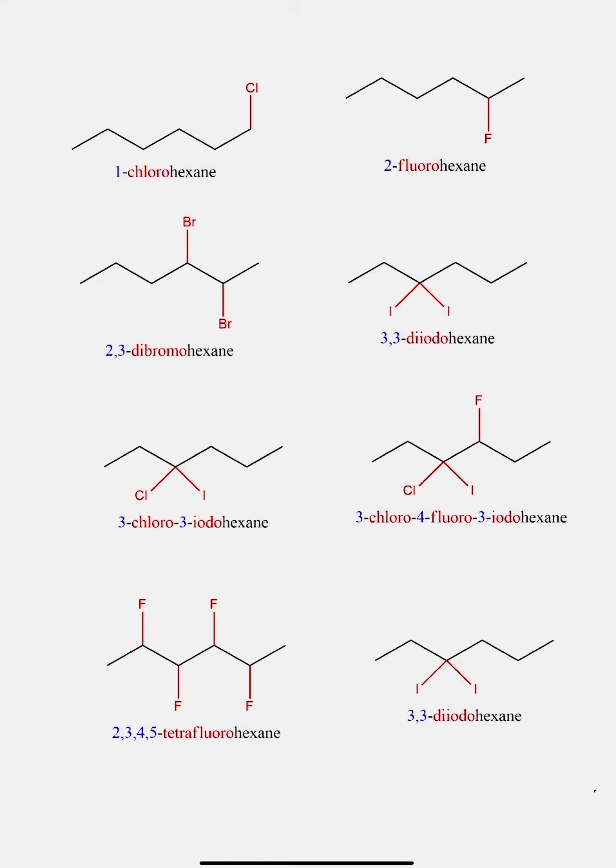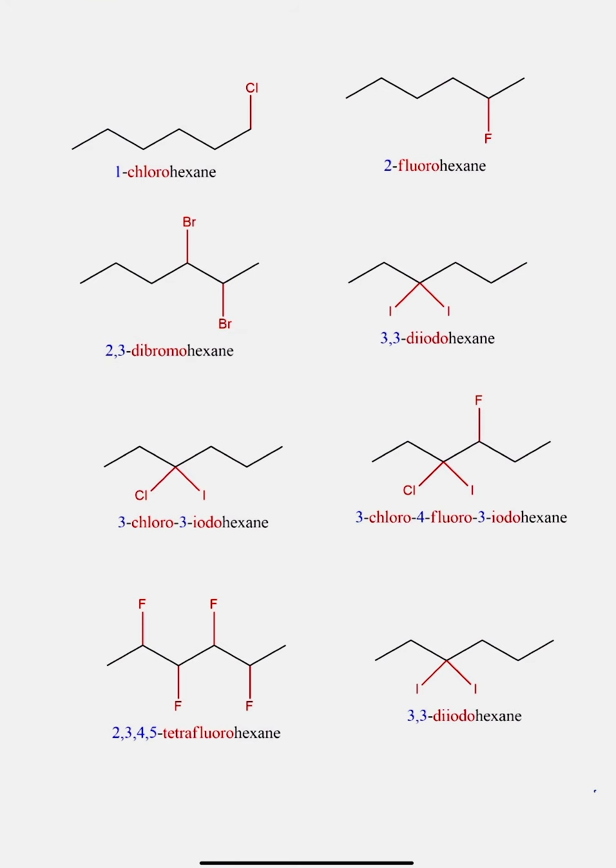Now, by looking at the compound, I can just guess that the numbering from right gives you the lowest sum rather than numbering from the left, because I can roughly see that bromines are more towards right. So I number it from here 1, 2, 3, 4, 5, 6. So it's a hexane, and bromine is attached to carbon number 2 and carbon number 3. That gives you the name 2,3-dibromohexane.